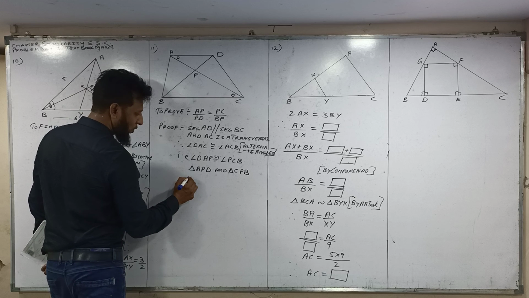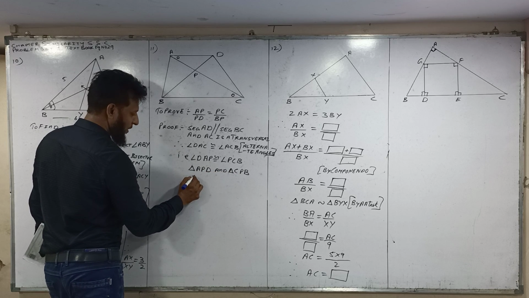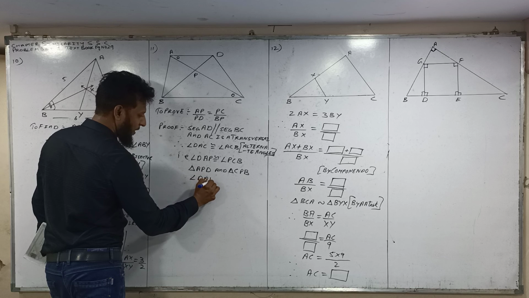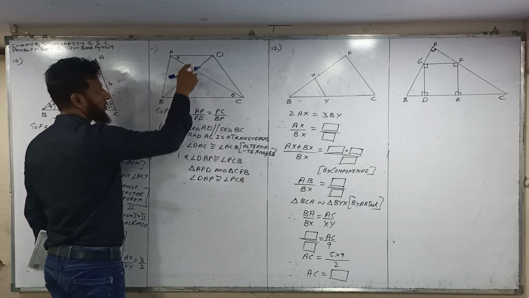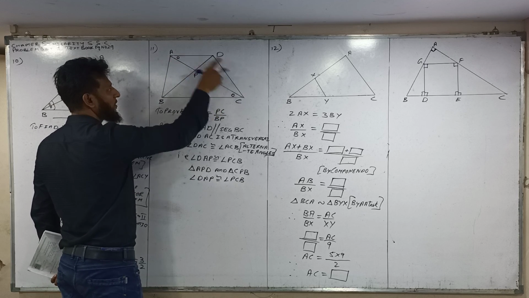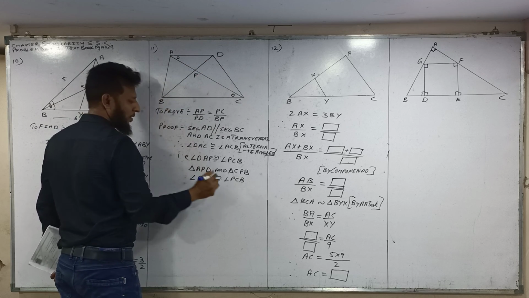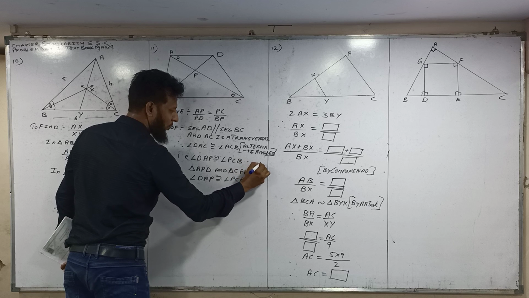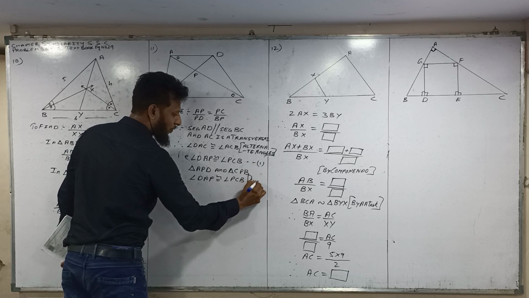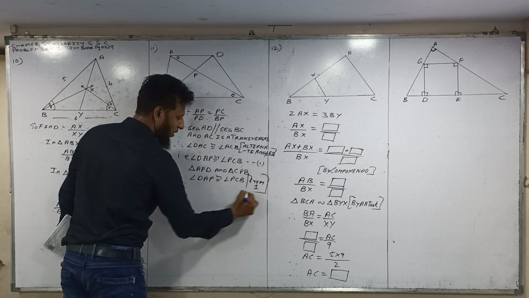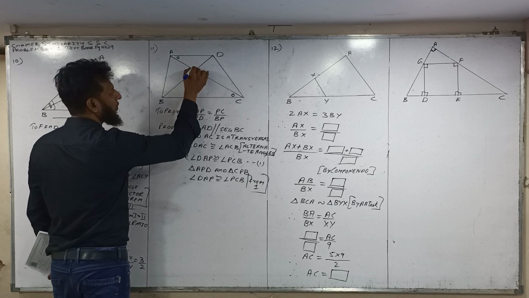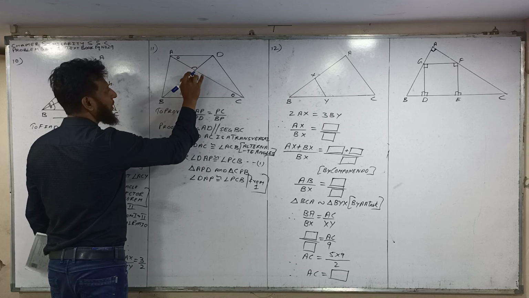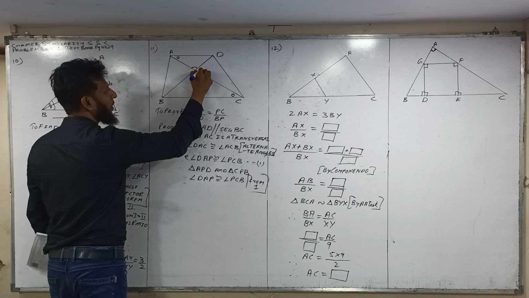In these two triangles, angle DAP is congruent to angle PCB, from 1. And this angle is a vertically opposite angle.